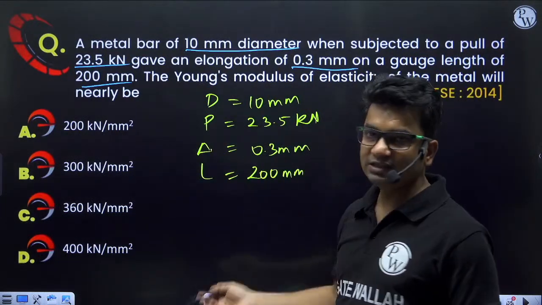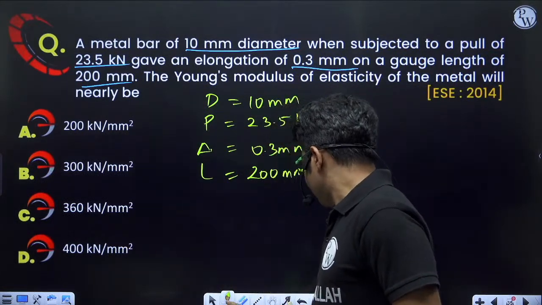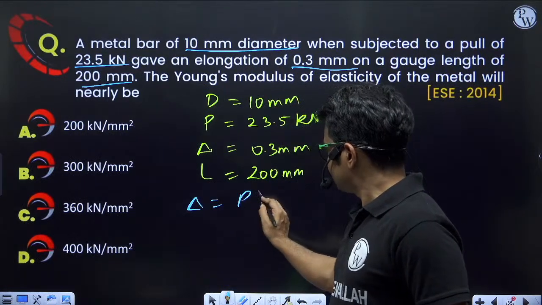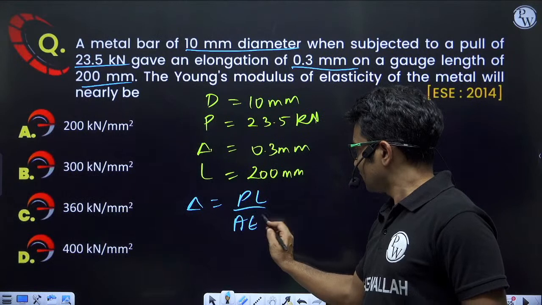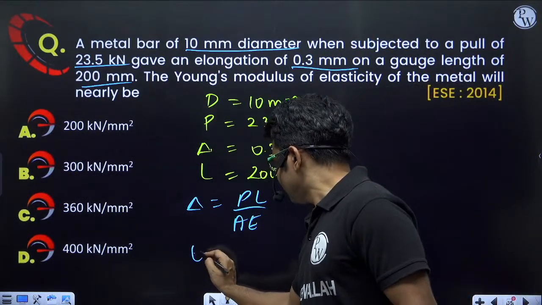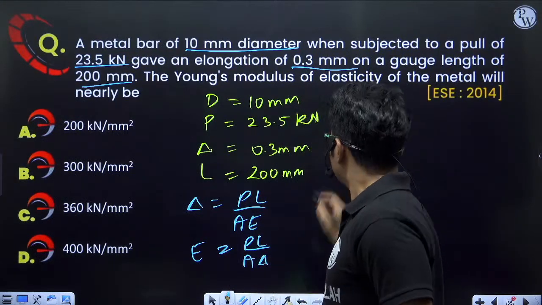So we are asked E, Young's modulus. We know the formula, delta is equal to PL upon AE. So from here we can find E. Young's modulus will be equal to PL upon A delta.